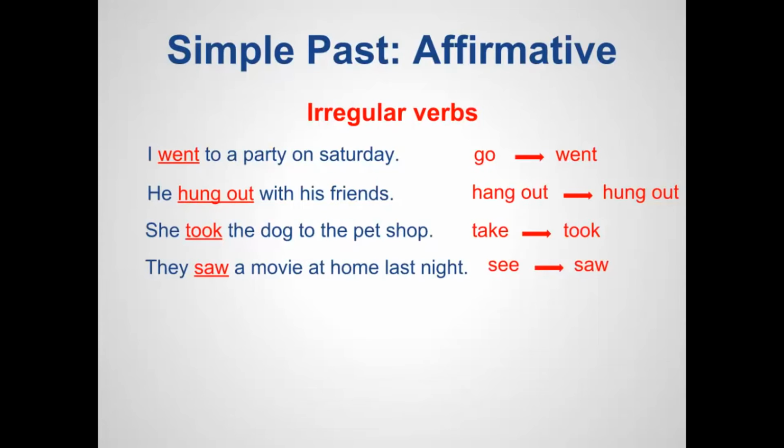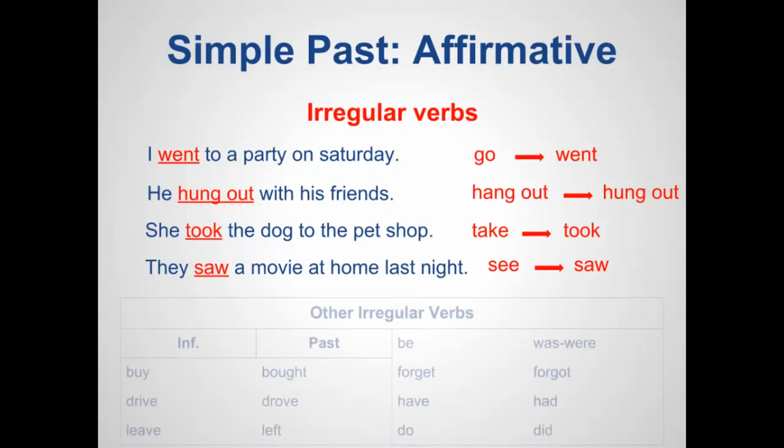What you have to remember about irregular verbs is that it's important to memorize or try to remember which verbs are regular and which verbs are irregular. And you have to remember, irregular verbs change completely. Here are some more examples.